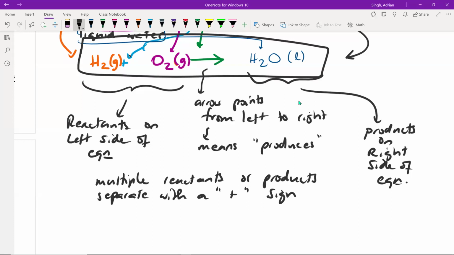So that's what you see, the plus here, that means reacting with, reacting with the oxygen to give H2O. The things that I'm going to highlight here, the g as well as the l's, those are known as state symbols.